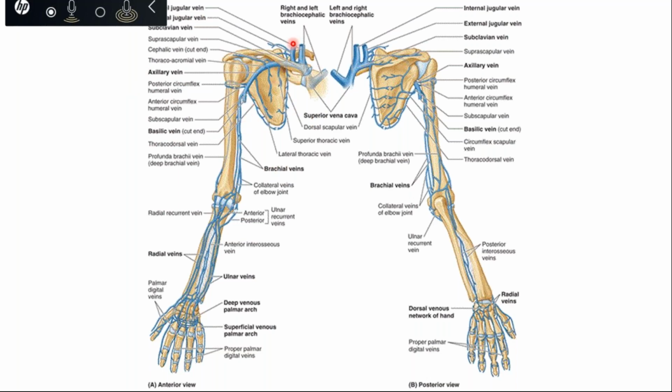What we have seen until now are the superficial veins. Now there are some veins which are called deep veins. The deep veins are found deep to the deep fascia. They follow the arteries of the same name.